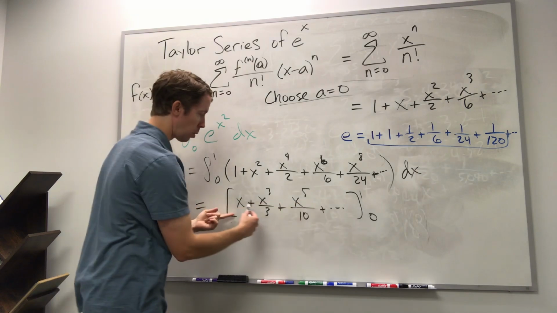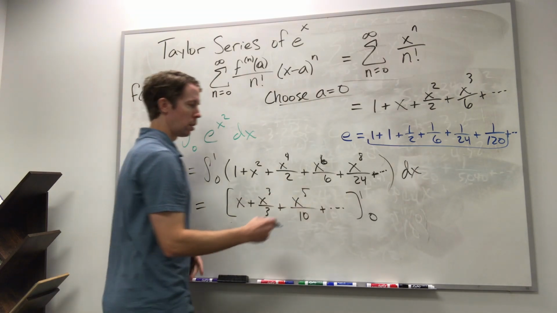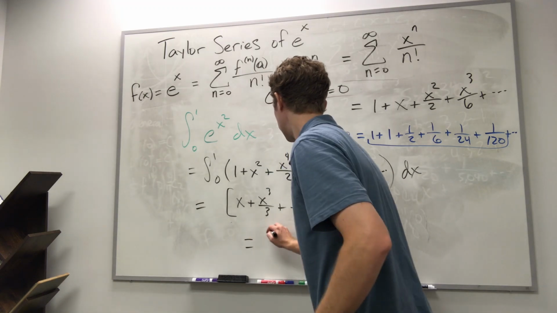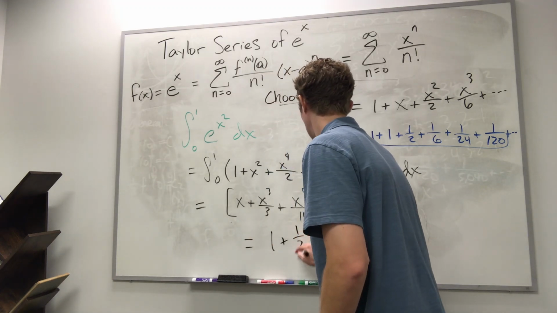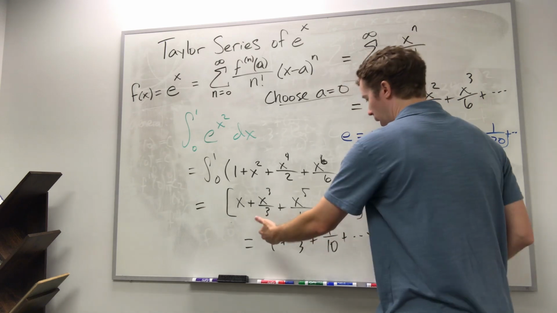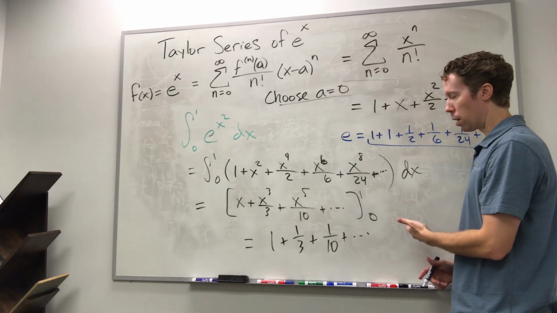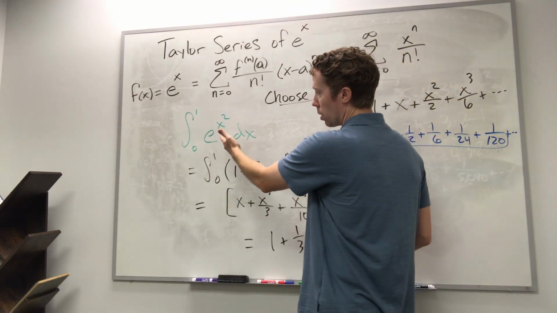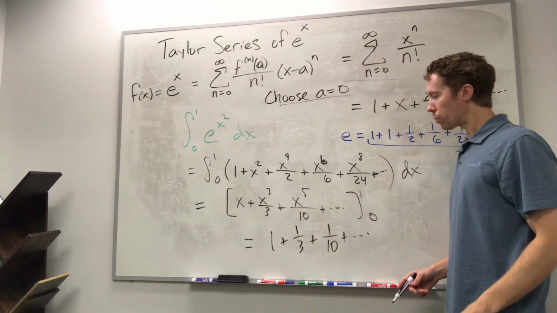When I plug in 0, everything goes to 0. So I'm just getting whatever I have when I plug in 1. I could carry this out to whatever precision I want, and that's the integral from 0 to 1 of e to the x squared.